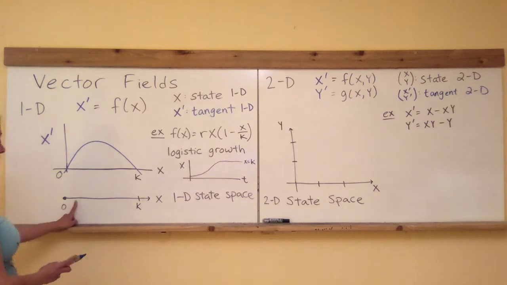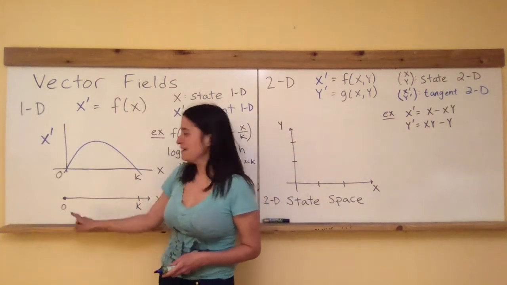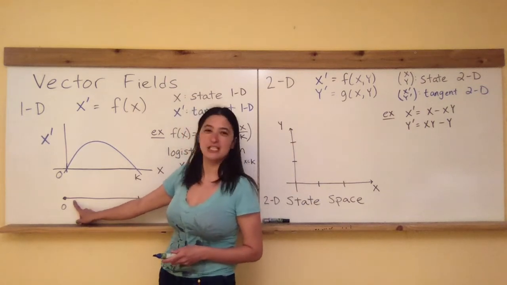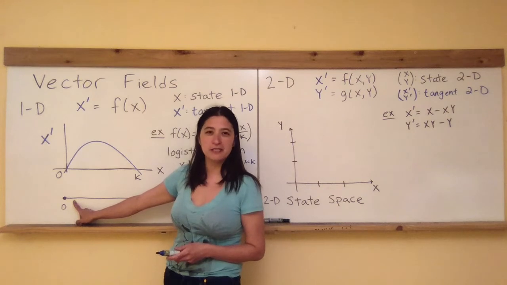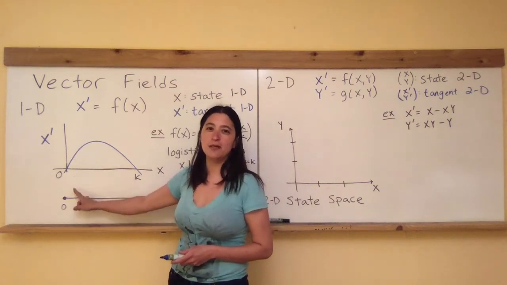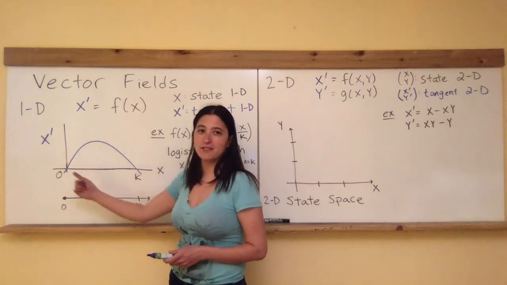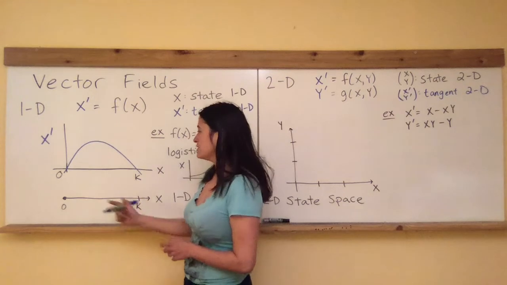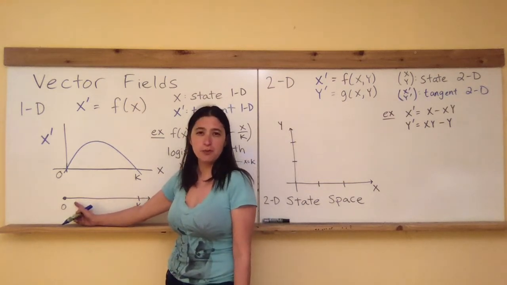Okay, so if I pick this point right here, where you're going to see x is just a little bit greater than 0, I want to draw a little arrow that represents x prime. Luckily, I have this graph right above, so I can see what the value of x prime is for this equation. But if I didn't have this visual available, let's say the value of x is like 3.5.